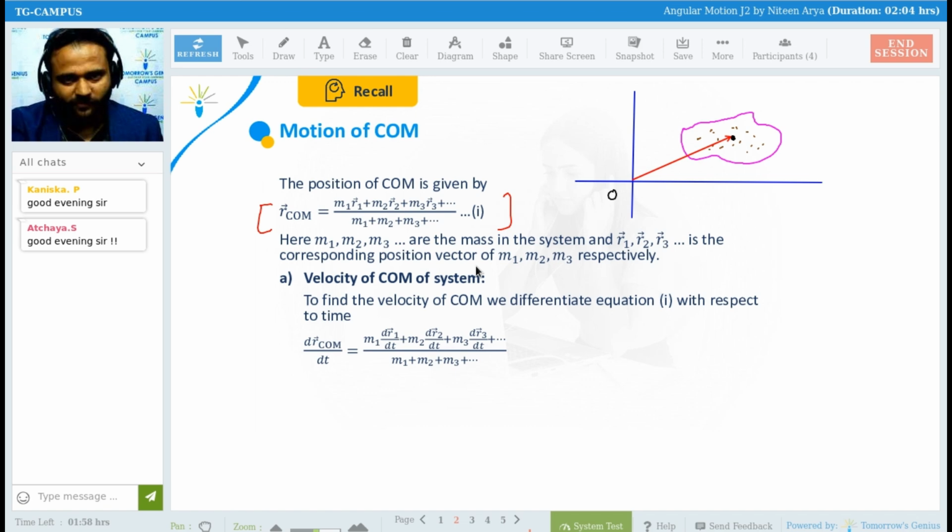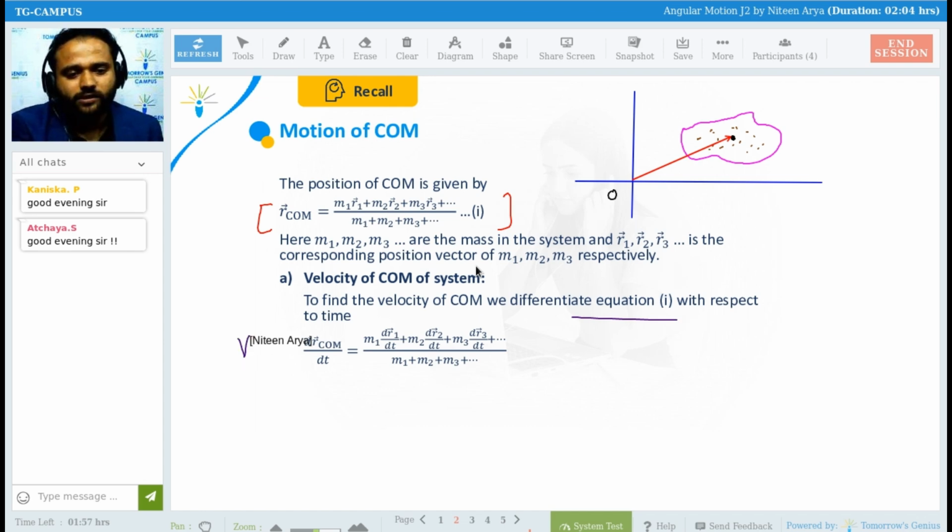Once we find the center of mass, we can find the velocity of center of mass just by taking the derivative. We already did that in the previous class. To find the velocity of center of mass, we differentiate equation 1 with respect to time.